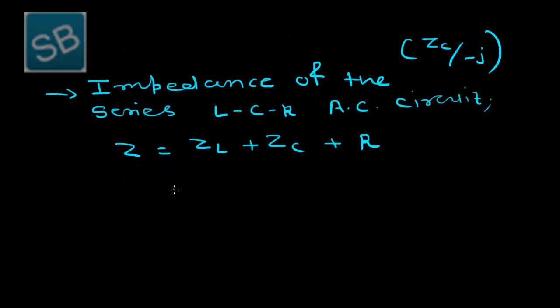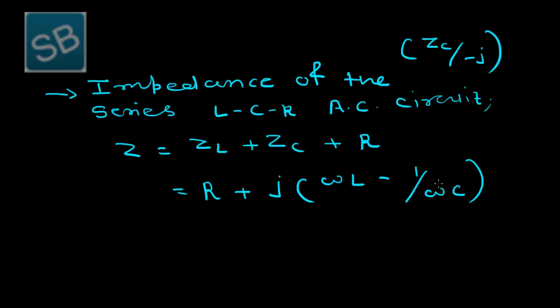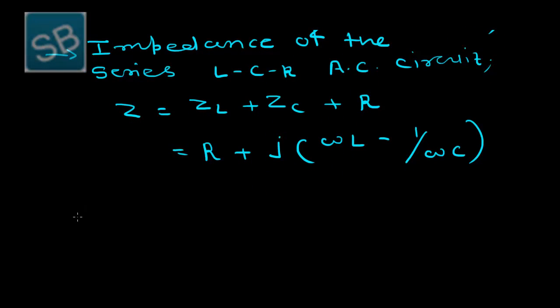Here the value of R I am putting as it is, plus j into omega L minus 1 upon omega C. And now the equation for complex current I can write down as Vm e raised to j omega t over the expression which was the denominator of equation number 5, that is R plus j omega L minus j over omega C. So this is simplified in this way.